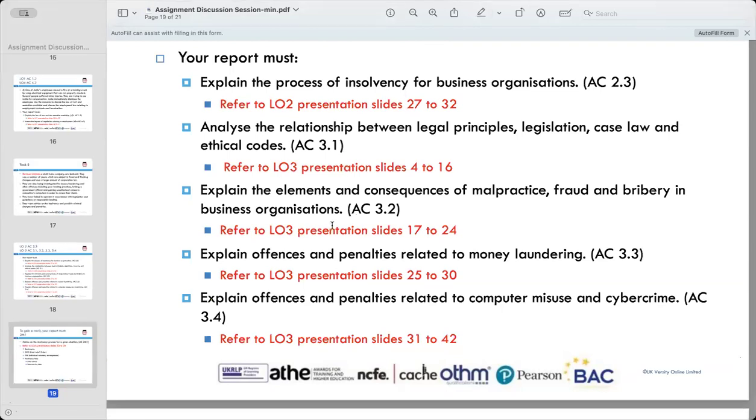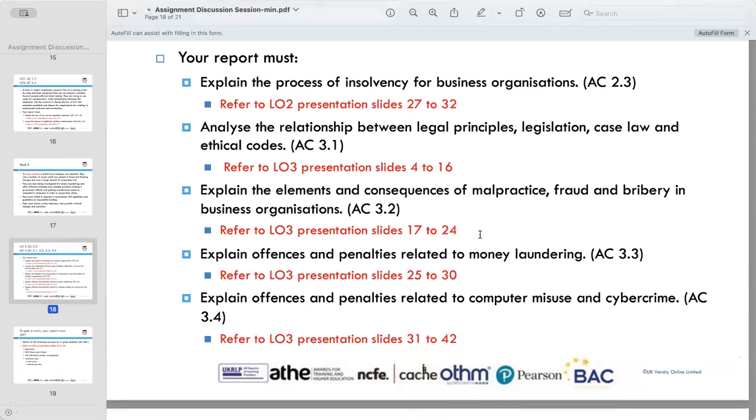Finally, explain elements and consequences of malpractices, fraud, and bribery. Explain the elements and consequences of malpractices in business organizations. Discuss instances where professionals deviate from accepted standards and the impact on individuals and the organizations.